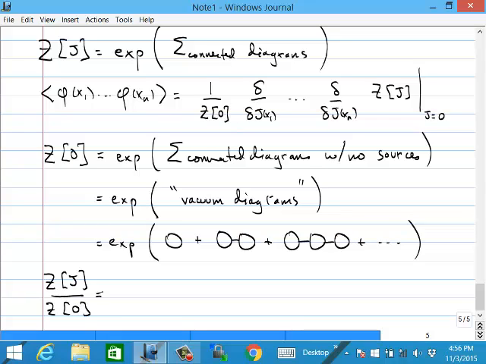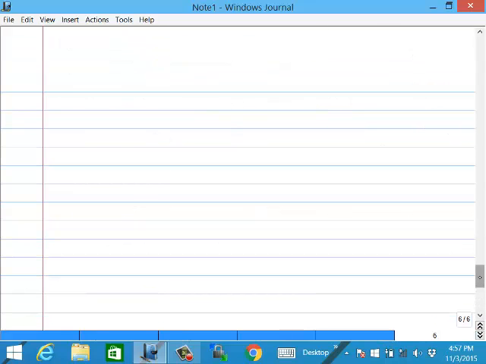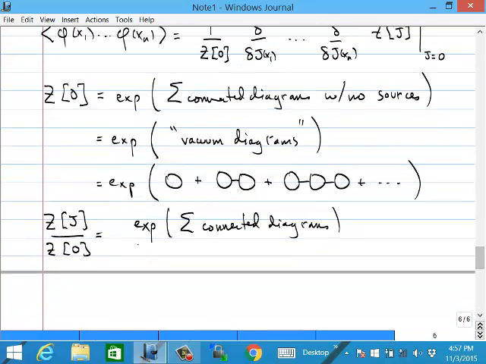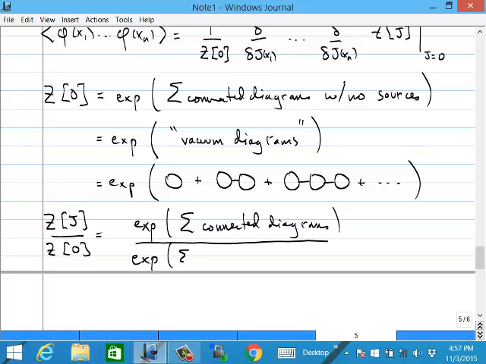What is that? That's the exponential of the sum of all connected diagrams divided by the exponential of the sum of all vacuum diagrams, that is to say, all connected diagrams with no sources.